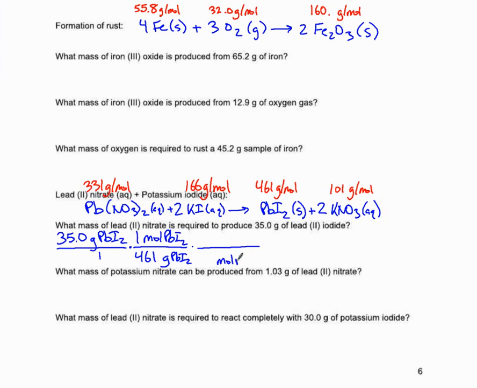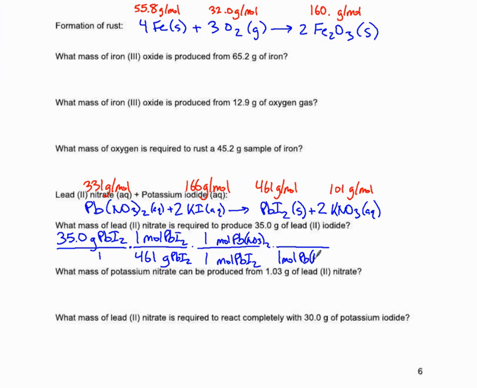Next up is our mole ratio step. We are comparing lead-2 iodide and lead-2 nitrate, and both of them have coefficients of 1. So we have moles of lead-2 nitrate.